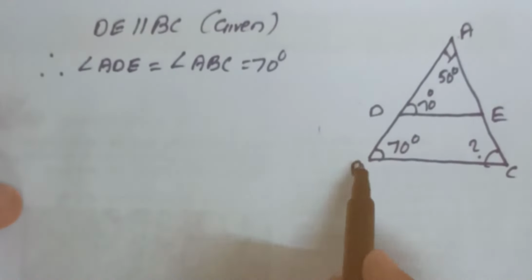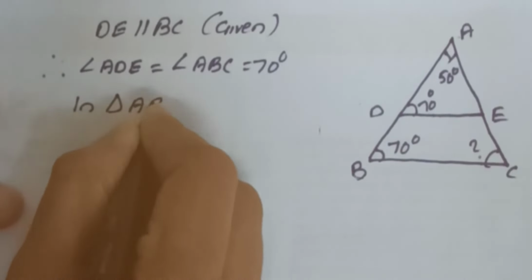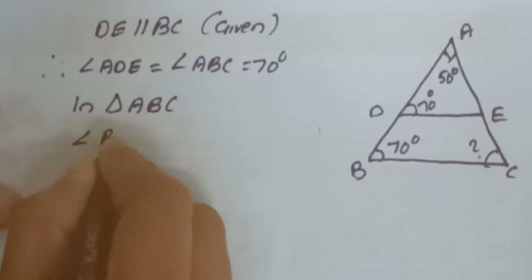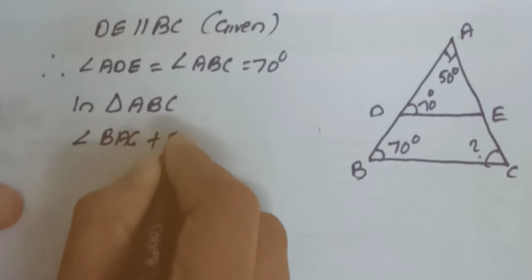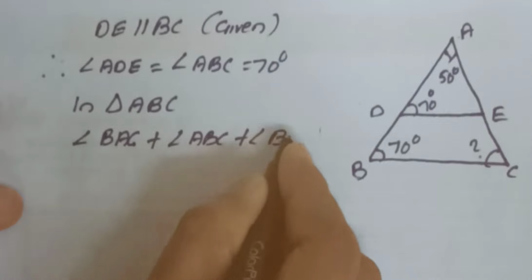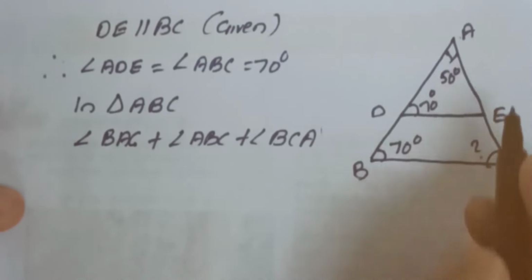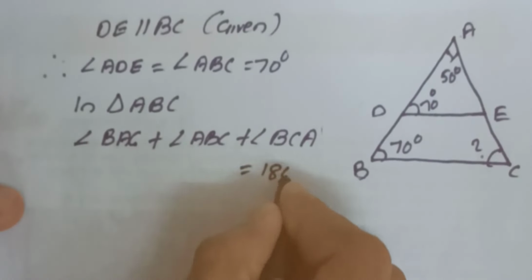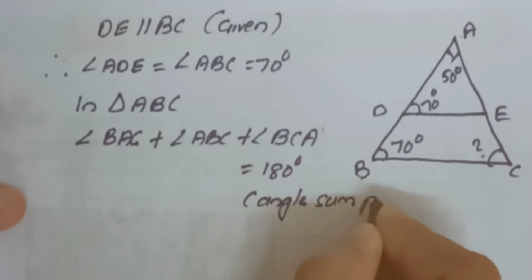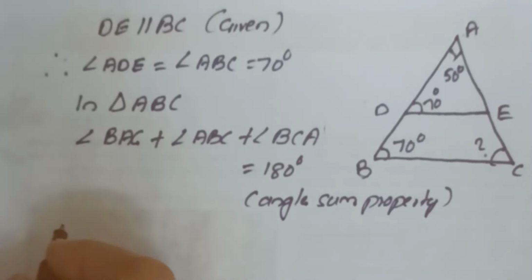Now in triangle ABC, we have angle BAC plus angle ABC plus angle BCA is equal to 180 degree. Reason? Angle sum property. What is angle sum property? Sum of three angles of a triangle is equal to 180 degree.